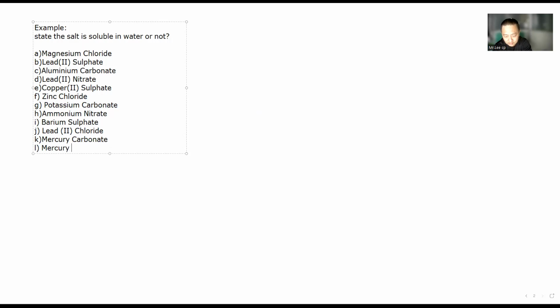Mercury chloride. Enough. Last one, any idea? Calcium. Enough, like that enough.